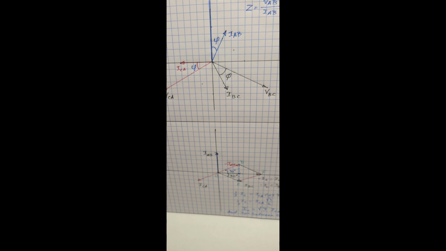This means that half of the line current is equal to the phase current multiplied by the square root of 3 divided by 2. That means that the line current itself is equal to the square root of 3 times the phase current. And you can see that there are also 30 degrees between the two currents.